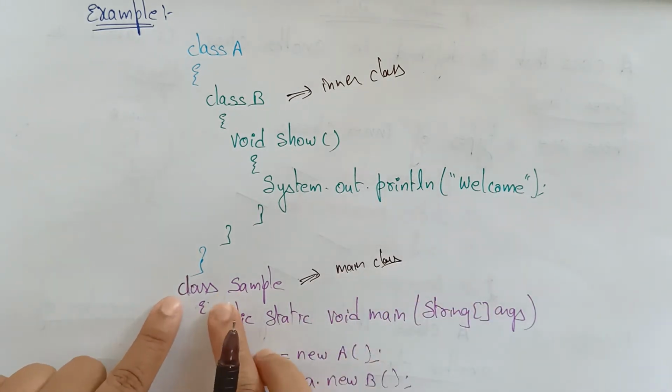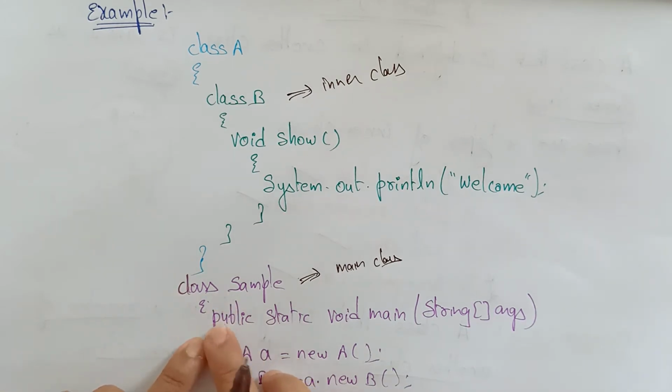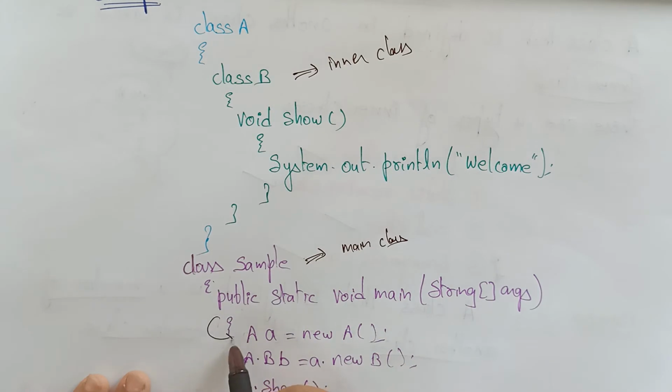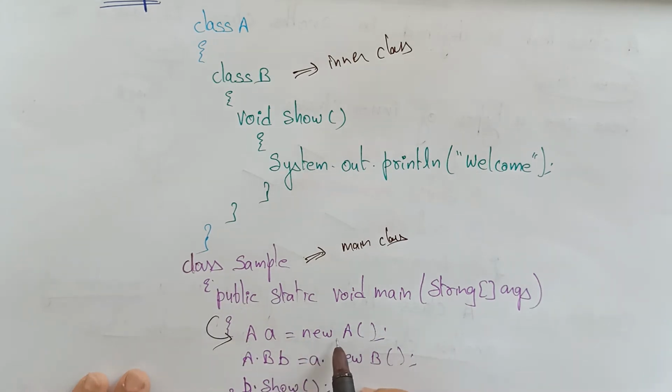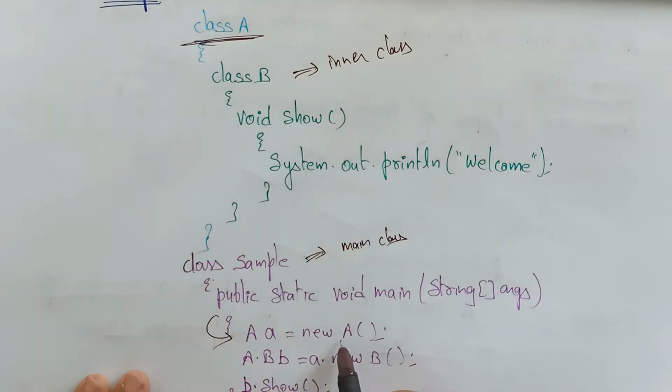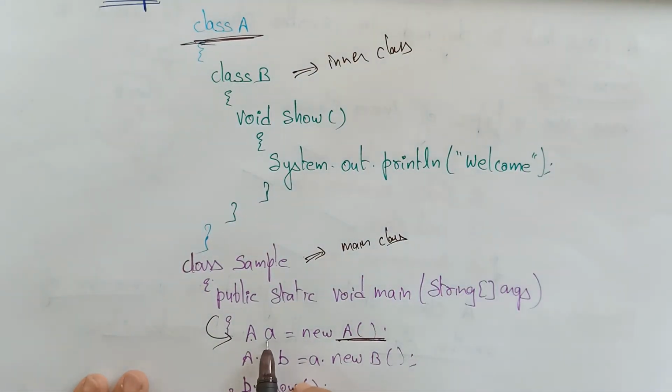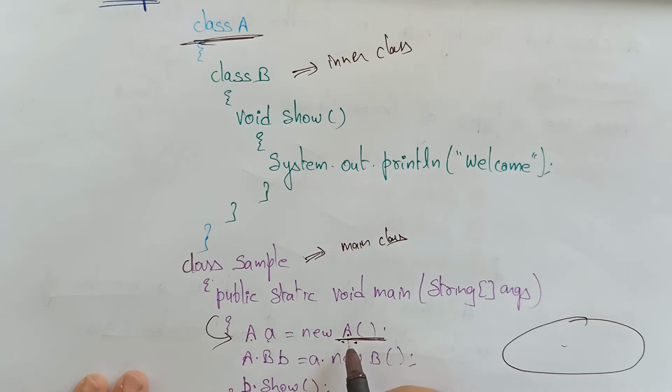The class is loaded, the main method is called, and whenever the main method is called, first an object is created. An object of class A is created, with an A reference.